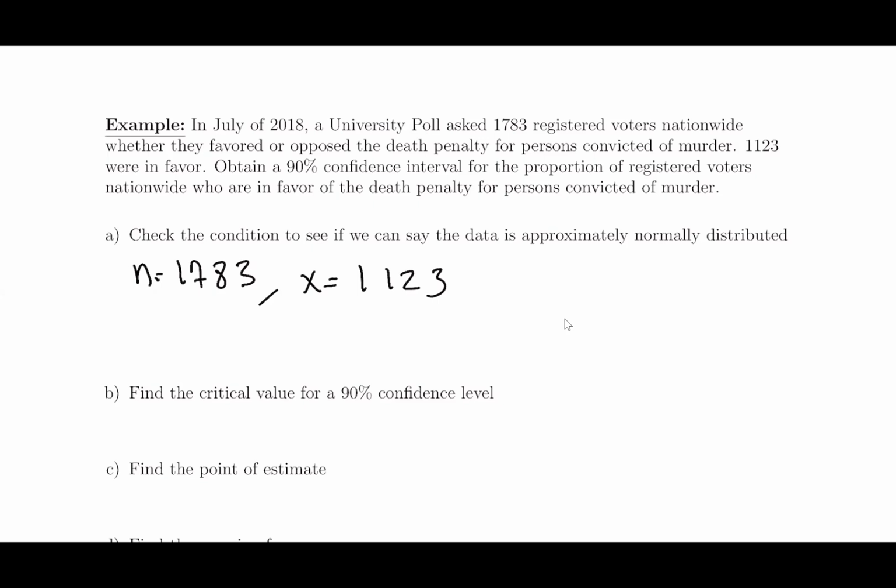They also tell you that you want to find a 90% confidence interval, and if you look right here, it's for the proportion. So we're saying 90% confidence interval for the proportion. Everybody good so far with that?